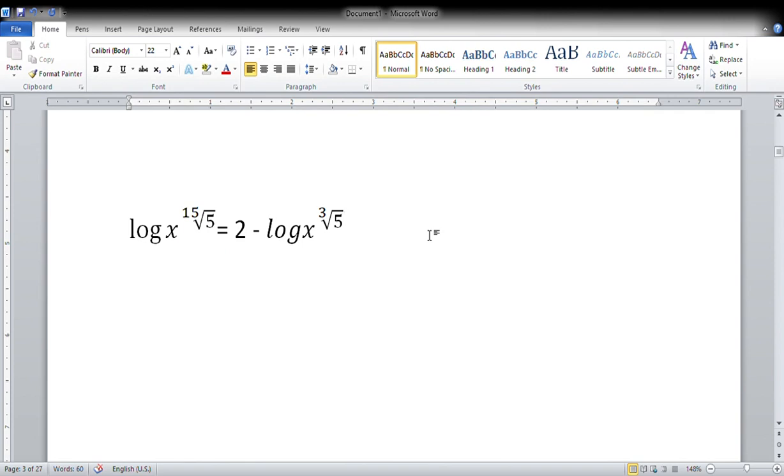In that case, we can put the log x terms on one side and the normal number on the other side.